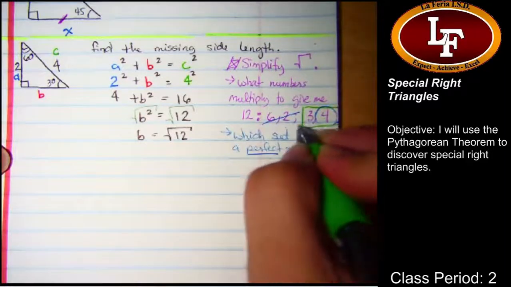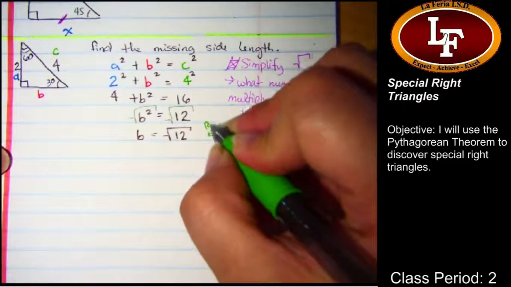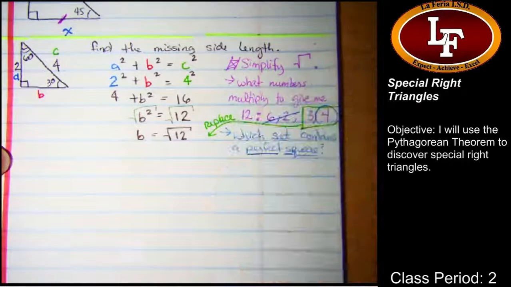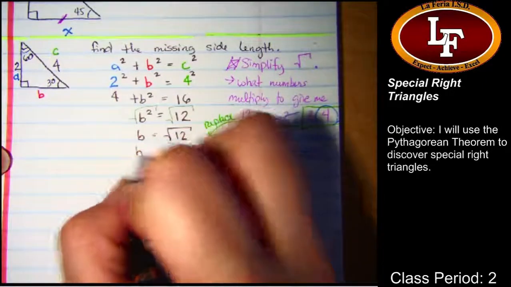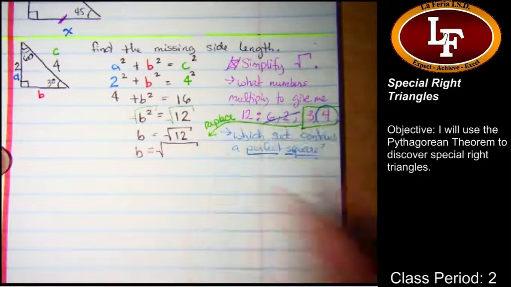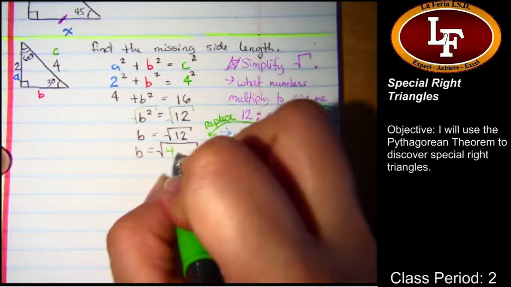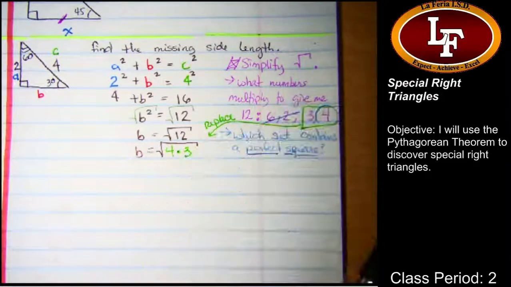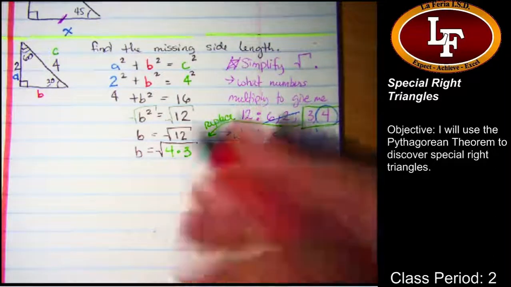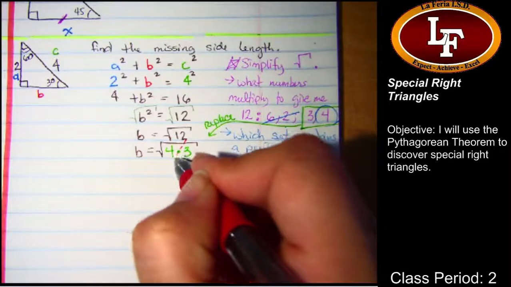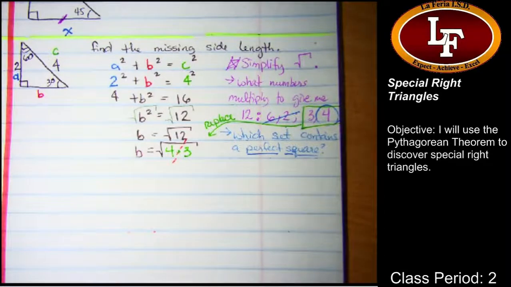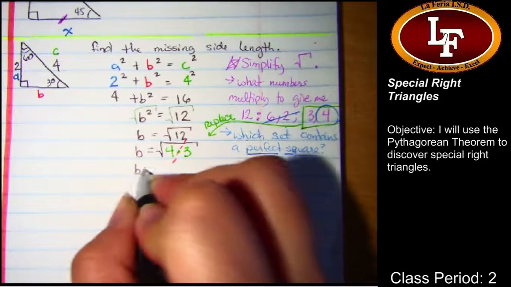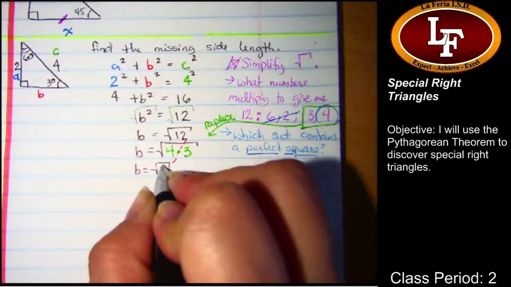So I'm going to replace. So b equals the square root of 4 times 3. Radicals like this have a property that when it's all multiplication, you can break the radical at the multiplication and write it as 2 different radicals.